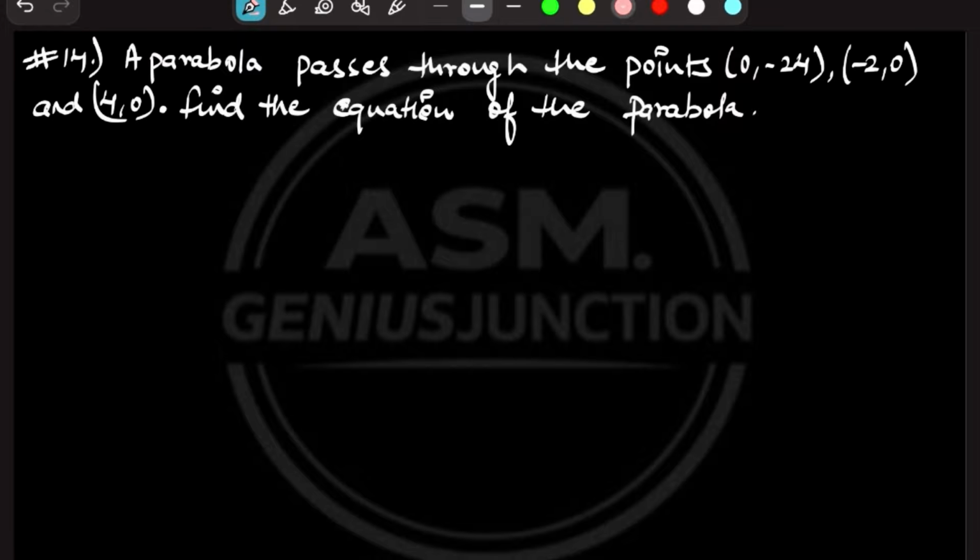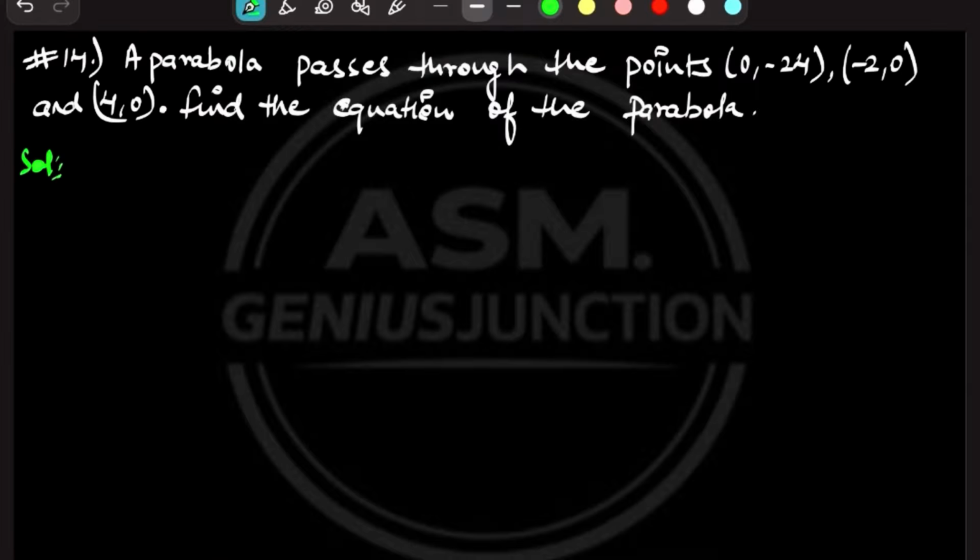Now, this question has a parabola which is passing through the points 0 comma -24, -2 comma 0, and 4 comma 0, right? We need to find the equation of this parabola. Yes, so let's start with the solution.